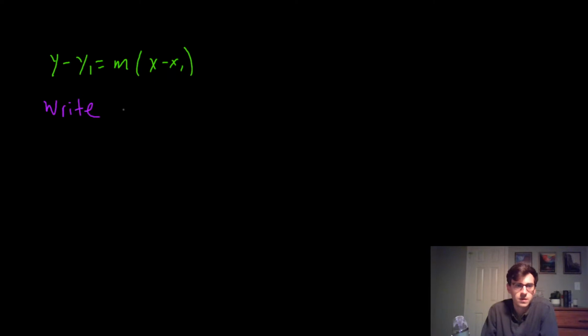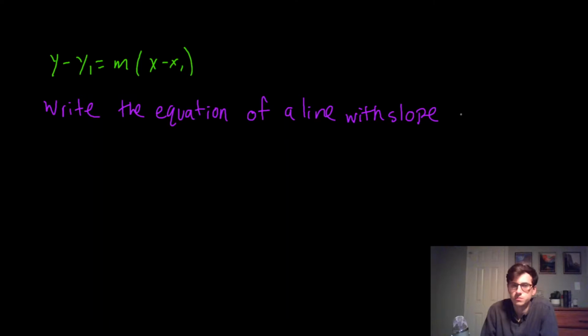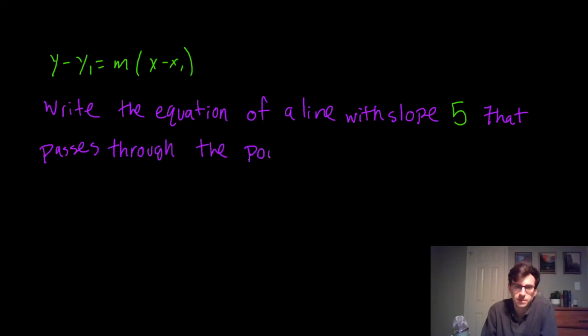Write the equation of a line with slope, I don't know, 5, that passes through the point 1, 2.